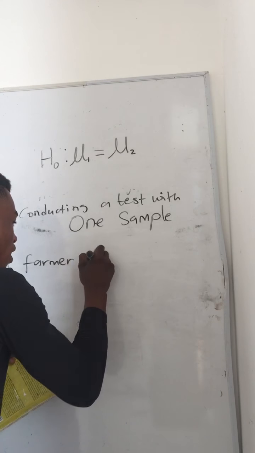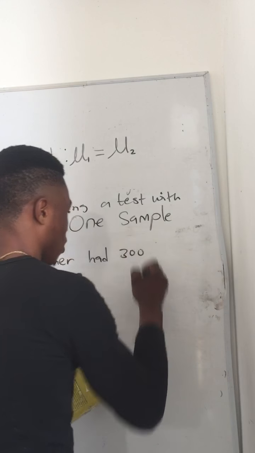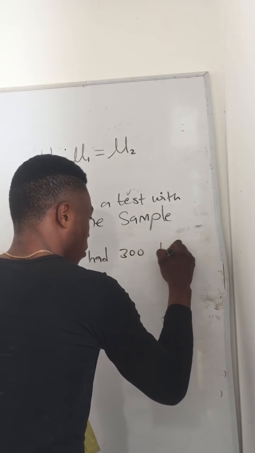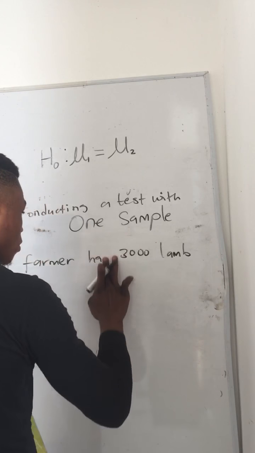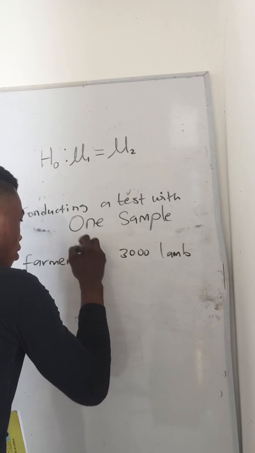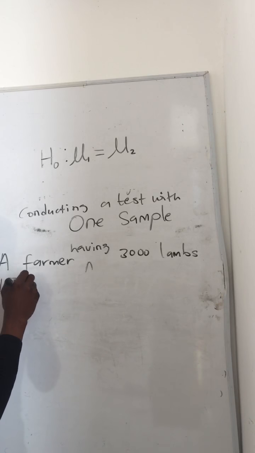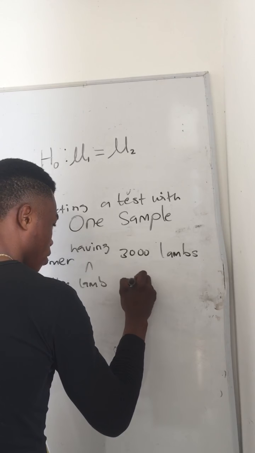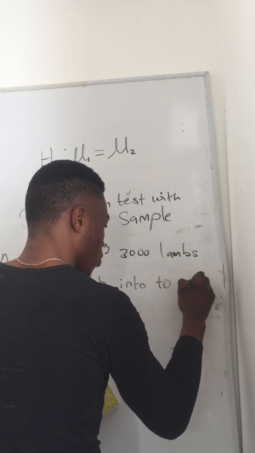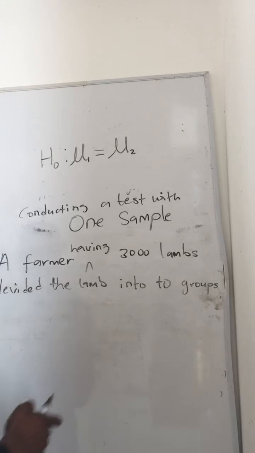So a farmer owns 3,000 lambs. Let's put that in English very well. A farmer having 3,000 lambs divided the lambs into two groups.